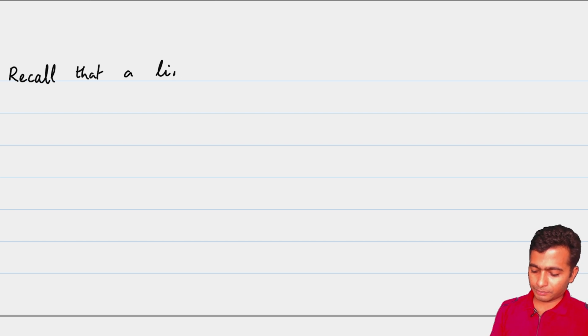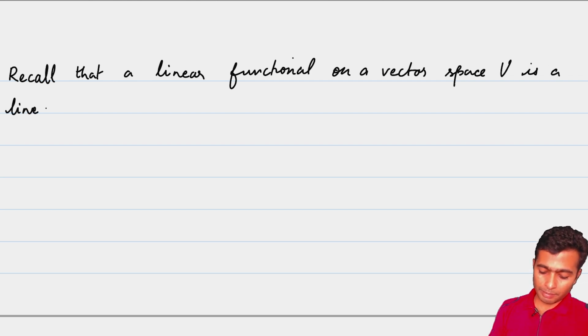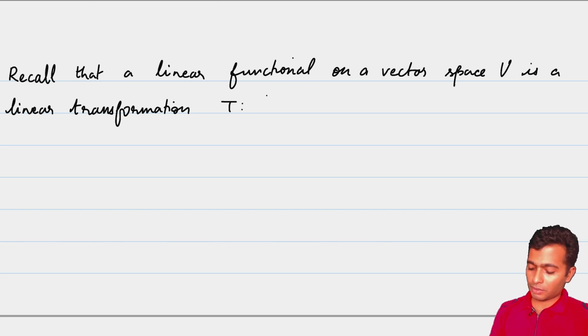So let's begin by recalling what a linear functional was. So recall that a linear functional on a vector space V is a linear transformation T from V to F, where F is the field of scalars.